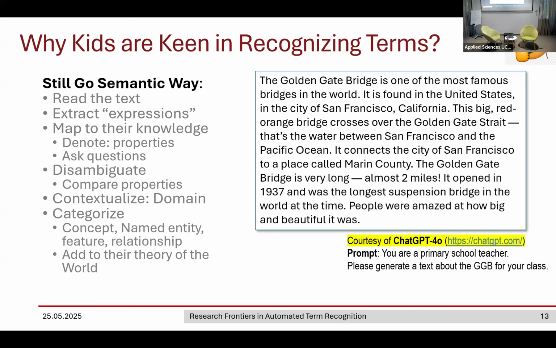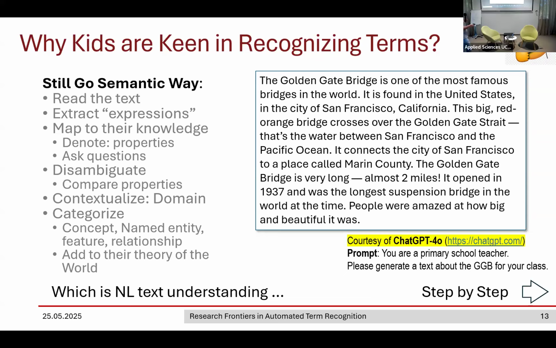steps. Yeah, you had a question? I just wanted to add that it is natural text understanding. I mean, this pipeline for kids is natural text understanding, isn't it? And they do it step by step. I will try to visualize how they do that, step by step.